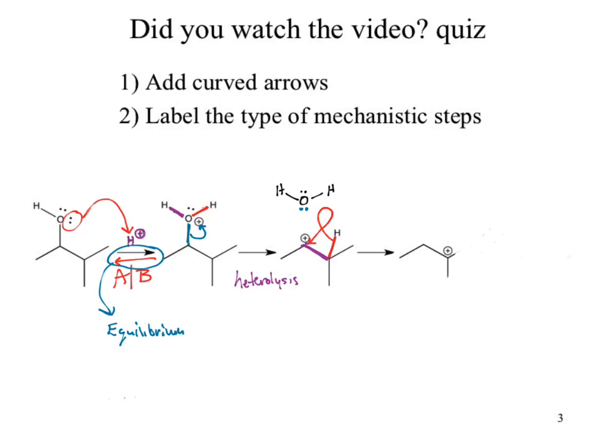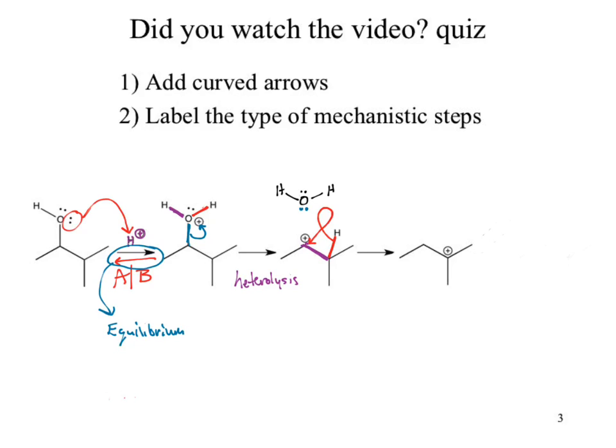Add to that this result, I didn't make a double bond. You just satisfied the charge. So what happened? I took the electrons from that bond and just put them on the other carbon.